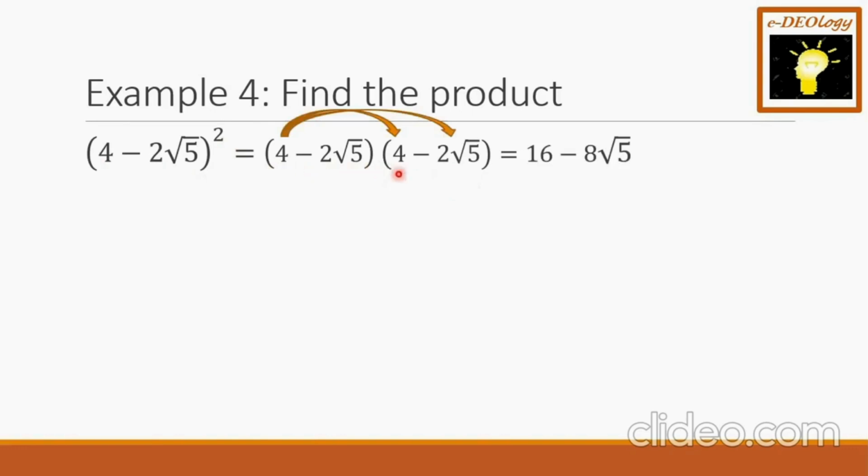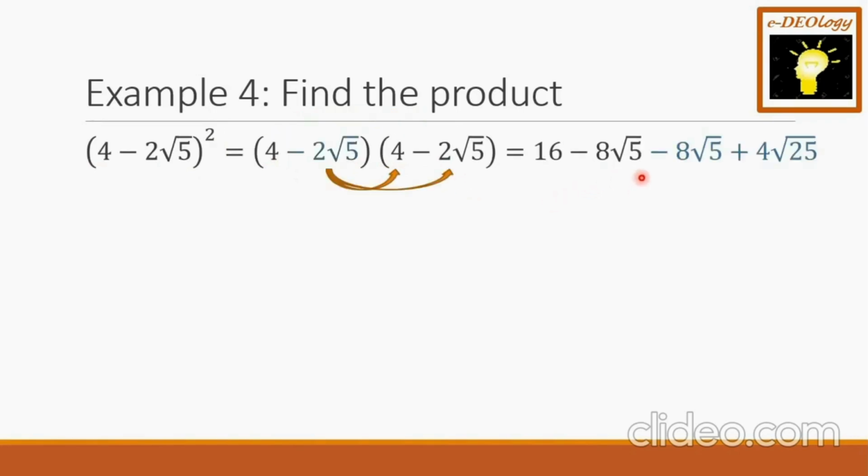Start with 4 times 4 is 16, and then 4 times negative 2 square root of 5. We will get this 8 square root of 5. Next, the negative 2 square root of 5 times 4. We will get this negative 8 square root of 5. And then negative 2 square root of 5 times negative 2 square root of 5. We will get this 4 square root of 25.